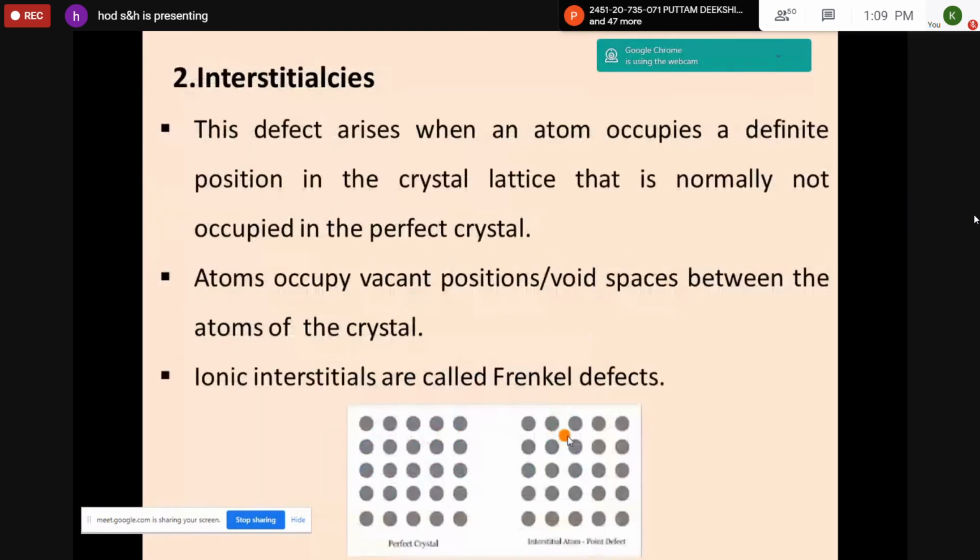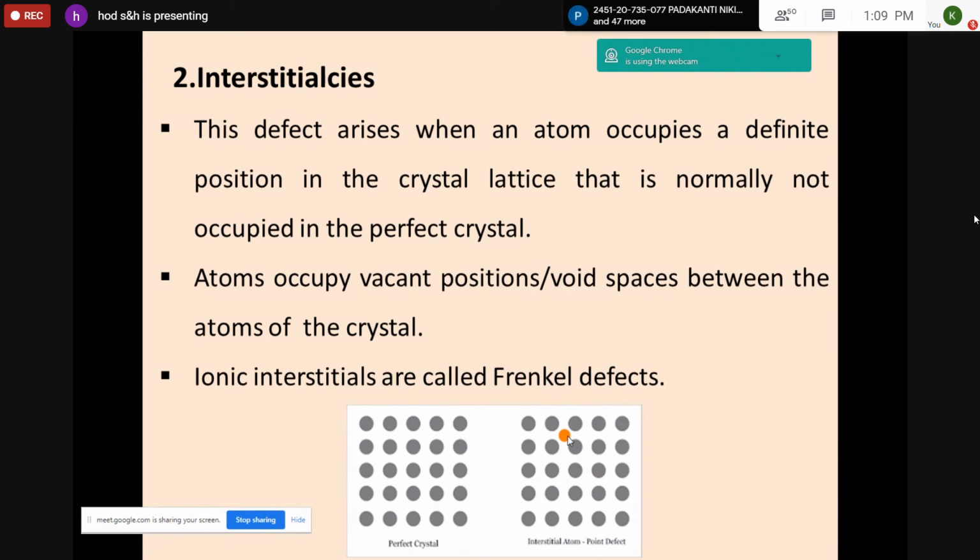And coming to the second one, it is the interstitial defect. This defect occurs when an atom occupies a position in the crystal that is generally not occupied in a perfect crystal. That means between atomic positions, an atom will be occupying. It's not a regular lattice point. This type of disorder is called an interstitial defect.